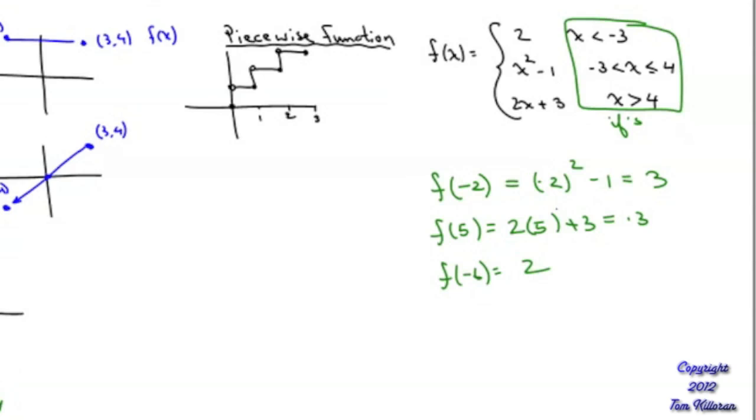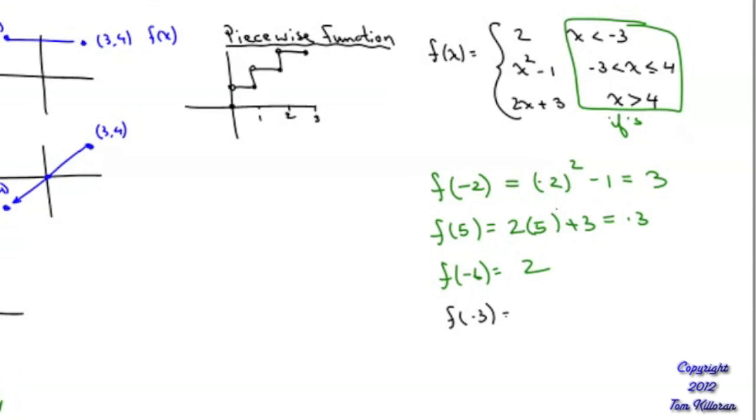I want to graph it. Oh, by the way, what if I asked you what's f of negative 3? Is negative 3 less than negative 3? No. Is negative 3 between negative 3 and 4?